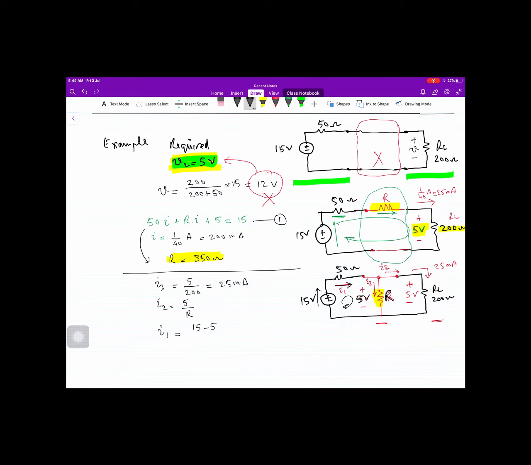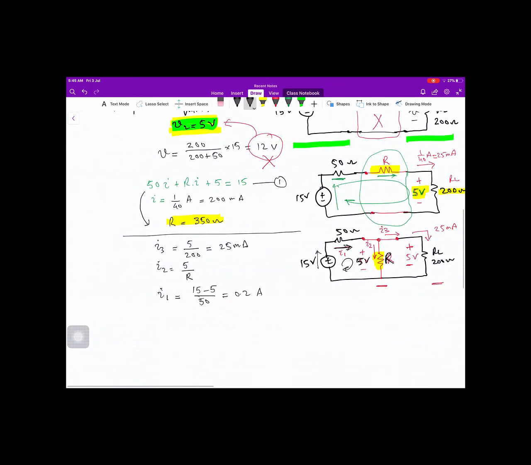The net voltage across this 50 ohm resistance is 15 minus 5, divided by 50, and this is equal to 0.2 ampere or 200 milliampere. Just over here to make it clear.